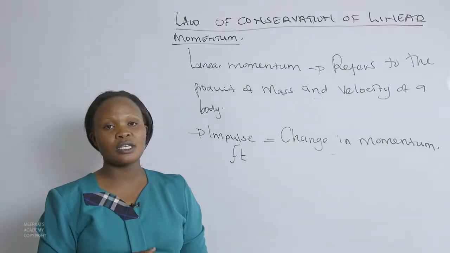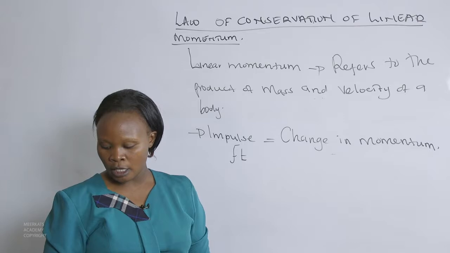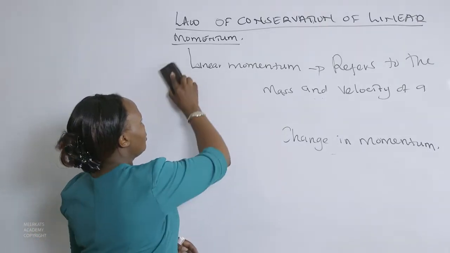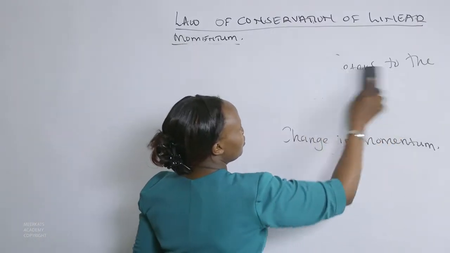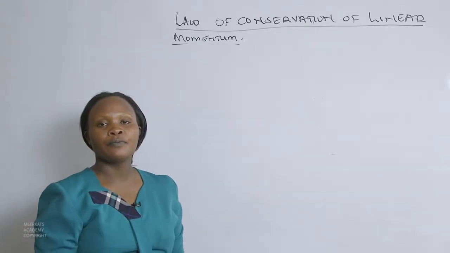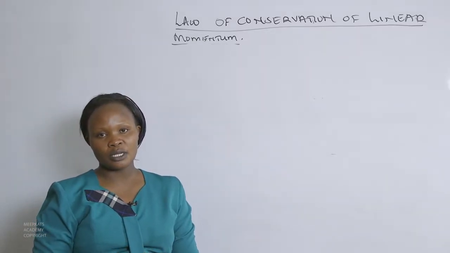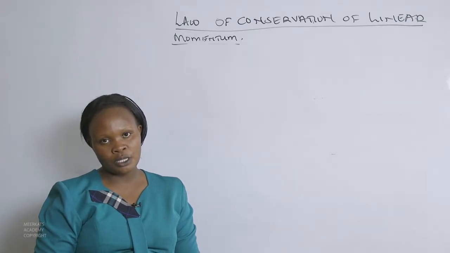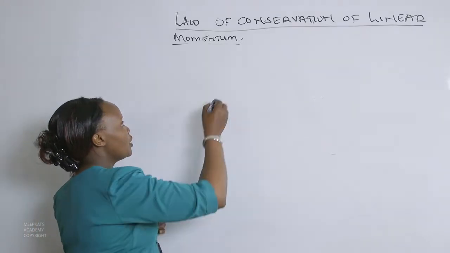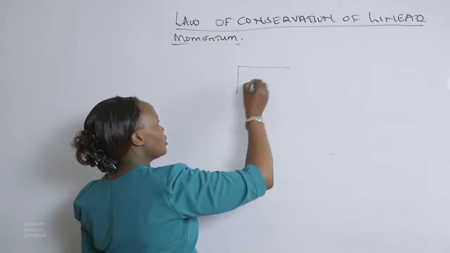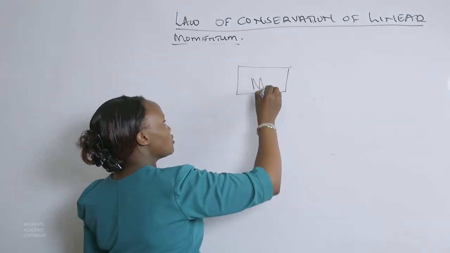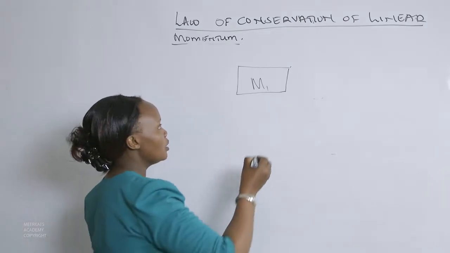I want us to consider two bodies and say that they were actually attached to each other like this. Let us give this one mass M1.